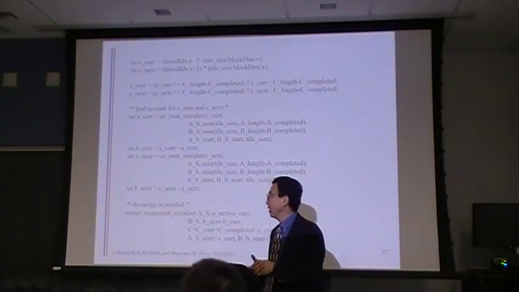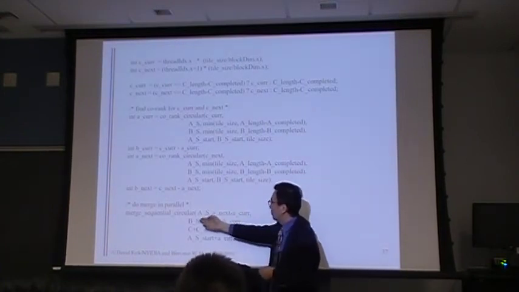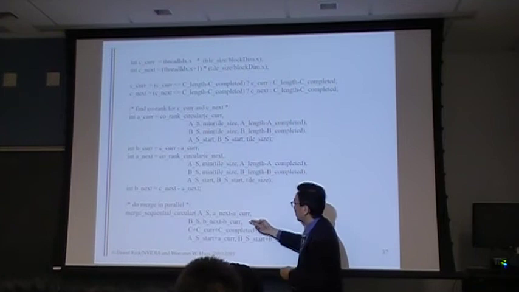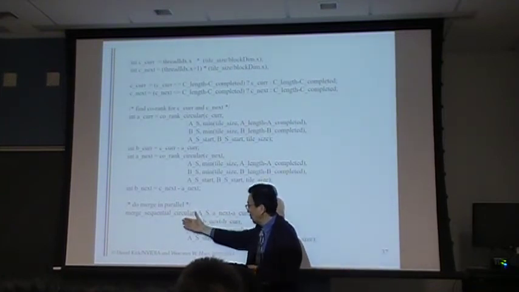And then once you get the co-rank values, you can do the merge sequential code.